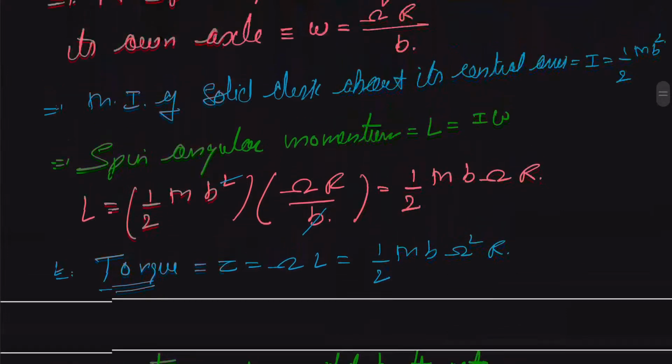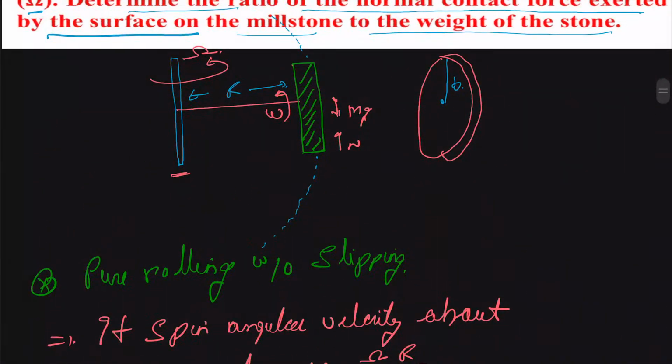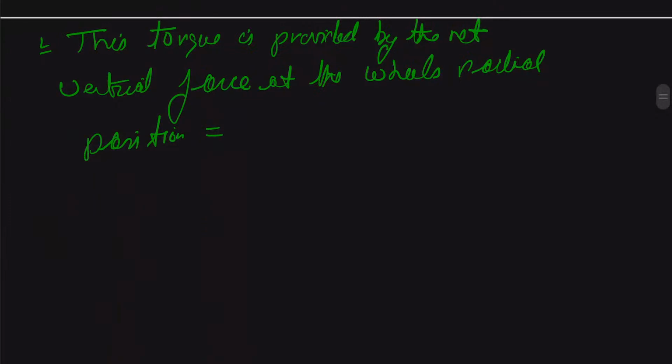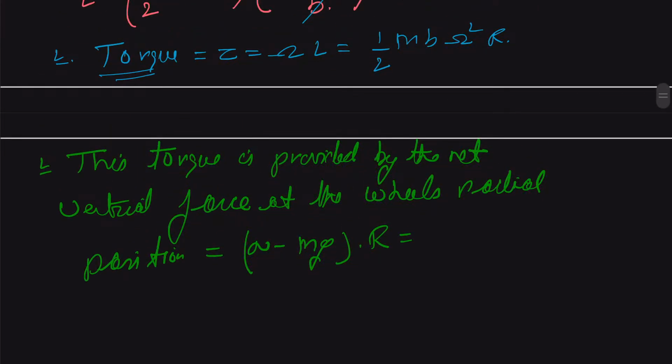So we know that the distance between it is given as r, and we have two forces, mg in the downward direction and normal in the upward direction. So the net force we can write is n minus mg. This net force multiplied by the distance r will be equal to the torque which we just calculated, that is half m b omega square times r.